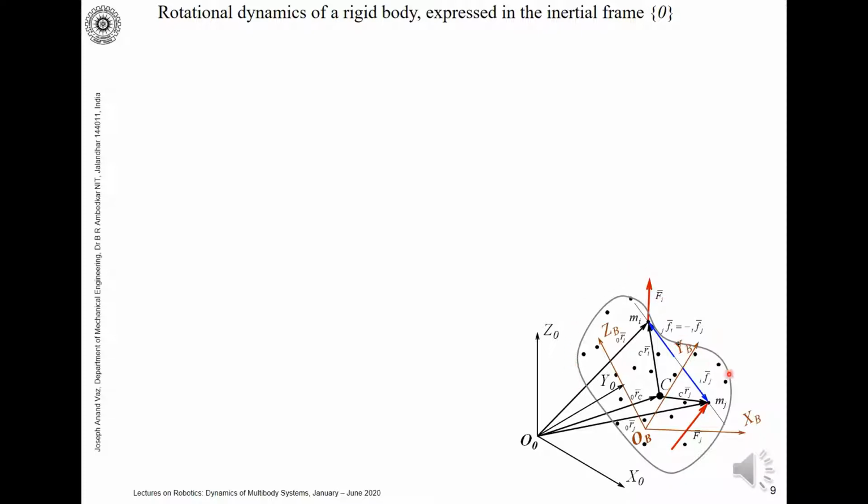Now, what we are going to do is impose a constraint on these particles, and the constraint is that the particles do not move relative to each other, or they are fixed with respect to each other. Their orientation may change.